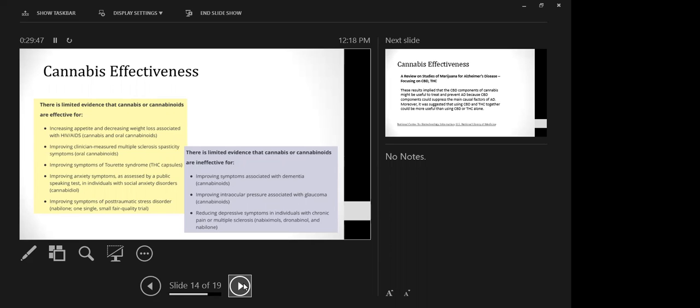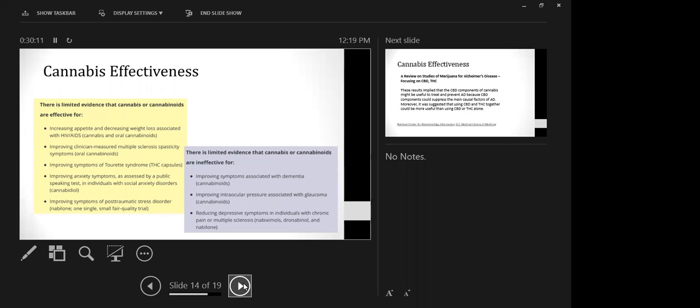You hear that a lot. I went and smoked a marijuana joint because I wanted to eat, or I wanted a brownie, to get the munchies. But again, it's not the CBD part. So they're saying that cannabis has limited evidence of helping with this.